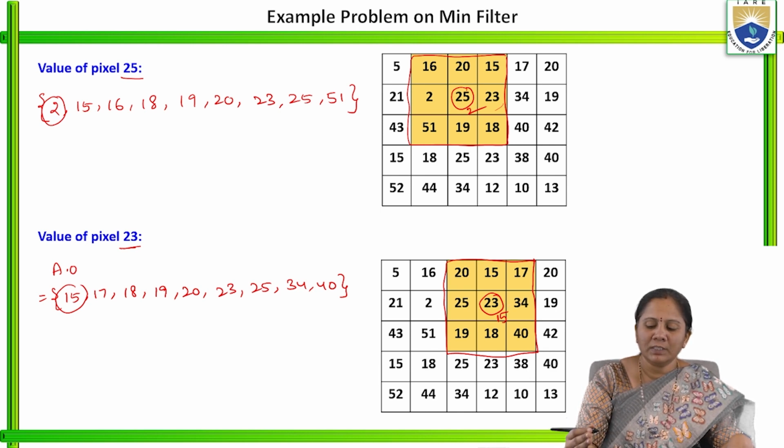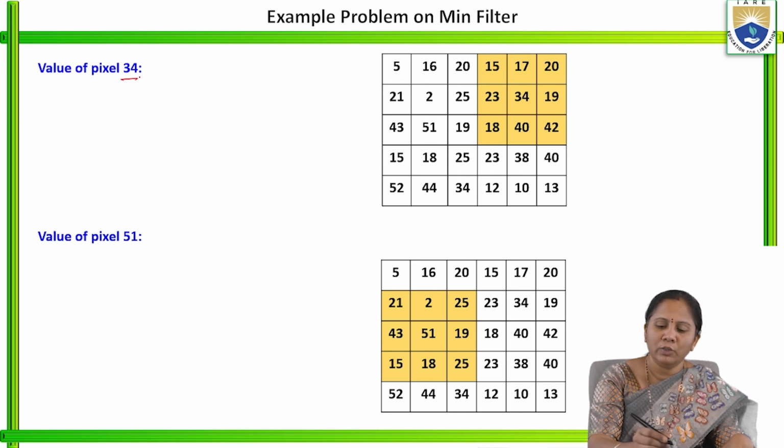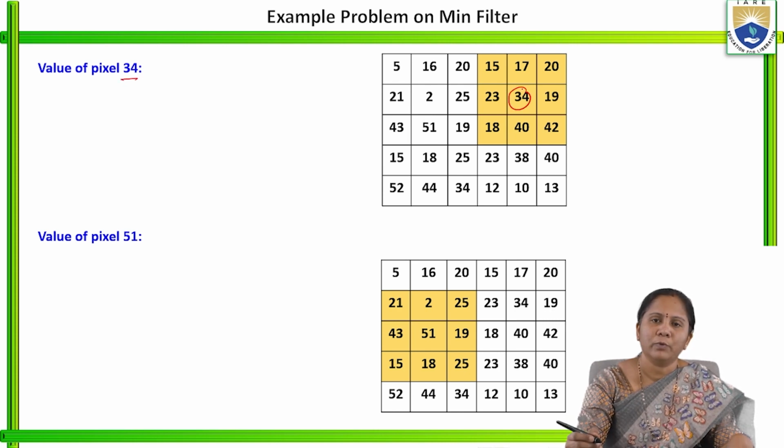If we shift this mask towards the right by 1, 34 becomes the center pixel, and we have to find the new value of this 34. All these are the neighborhood pixel values.